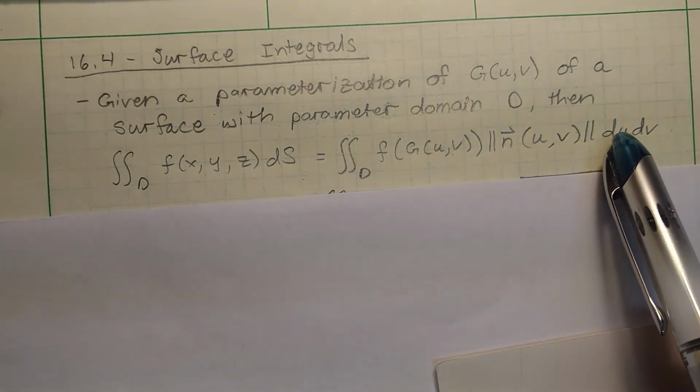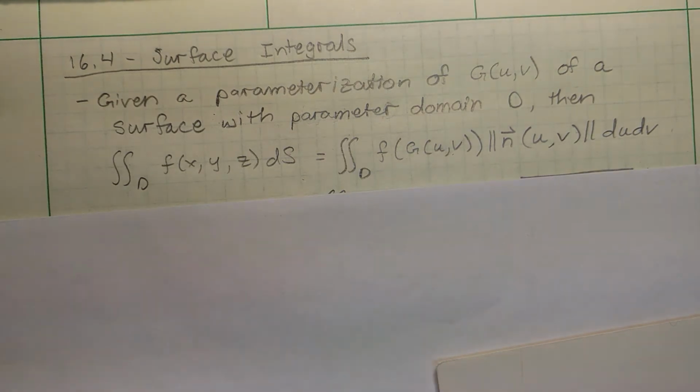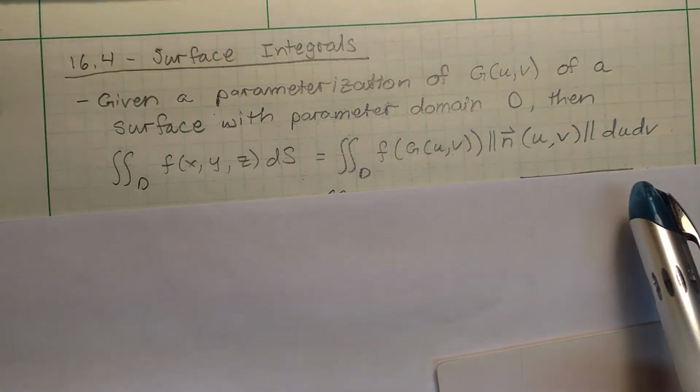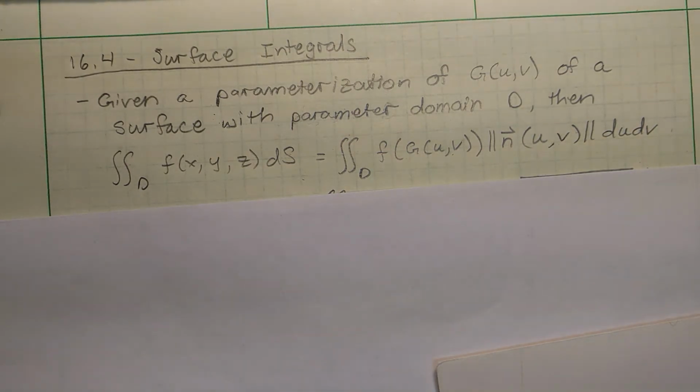And of course that could be dv du. Just make sure you put your correct limits of integration that correspond with u and v, depending upon how you set those up.